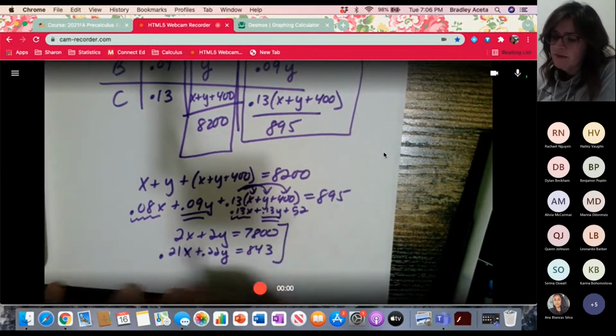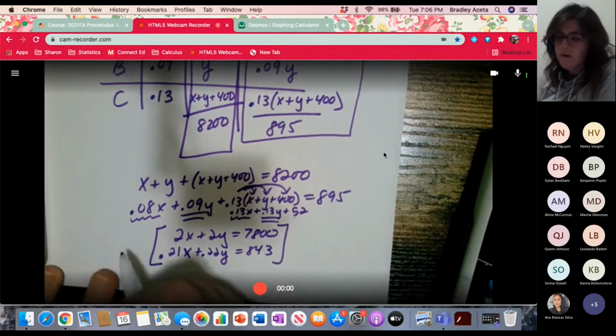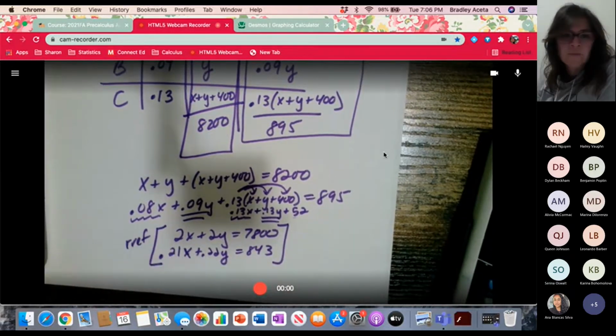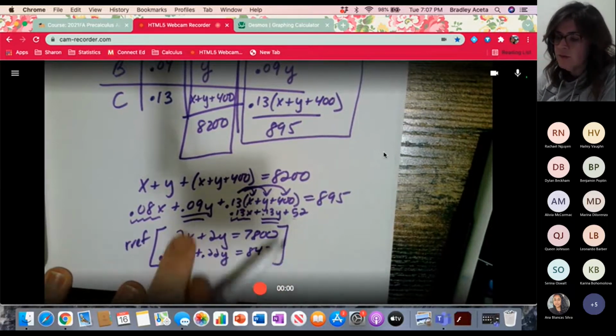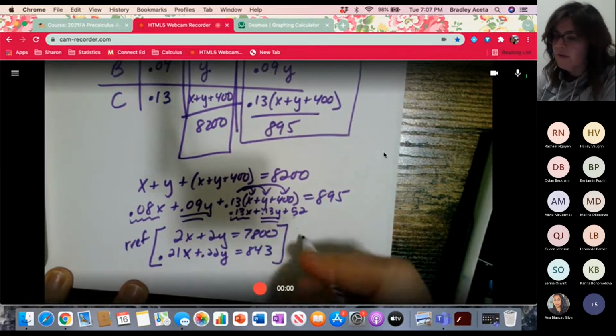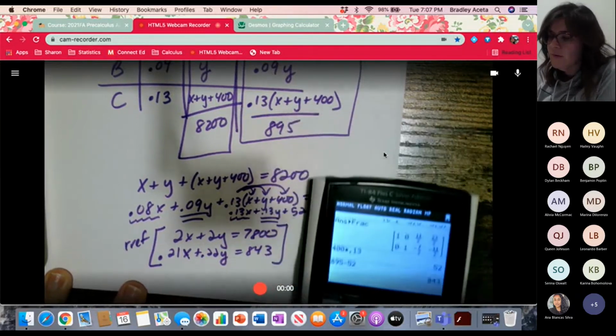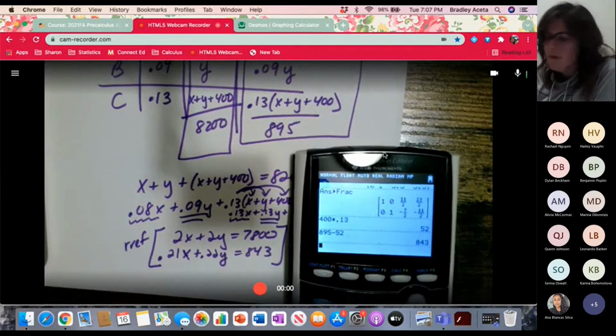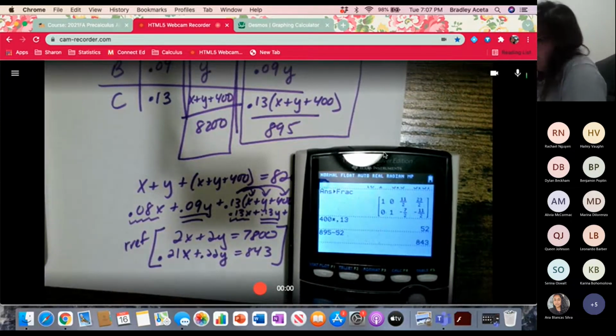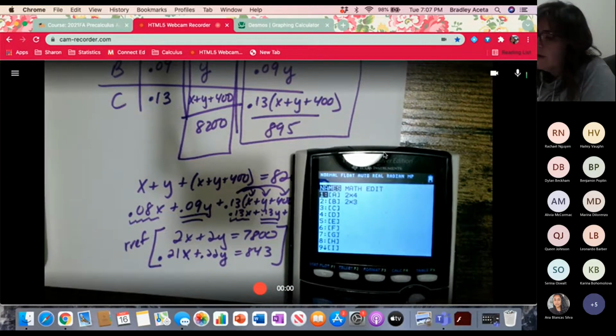Now this is what we're going to RREF. And as you can see, this is 2 rows, 1, 2, 3 columns. This is a 2 by 3. So let me put this into my calculator. Second, matrix, and I am going to edit.